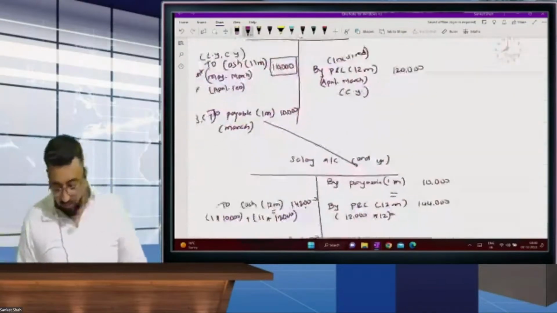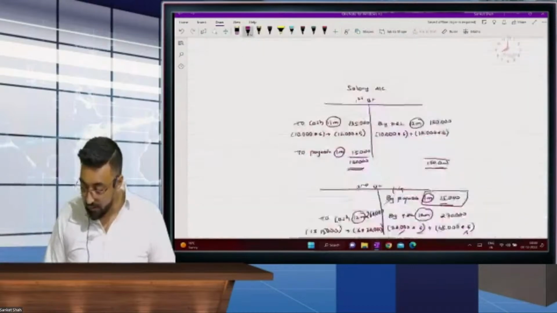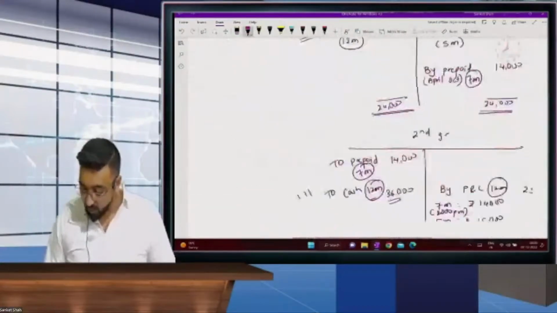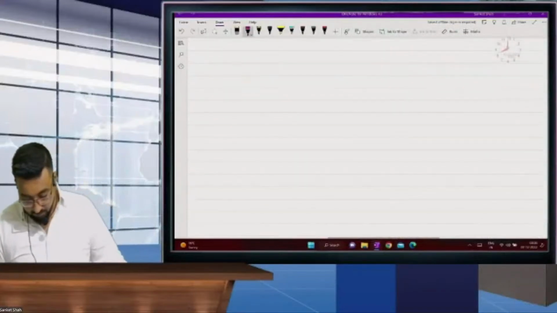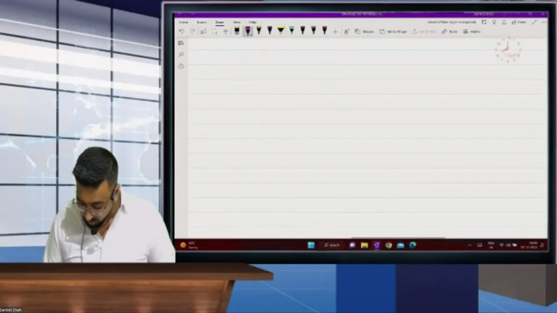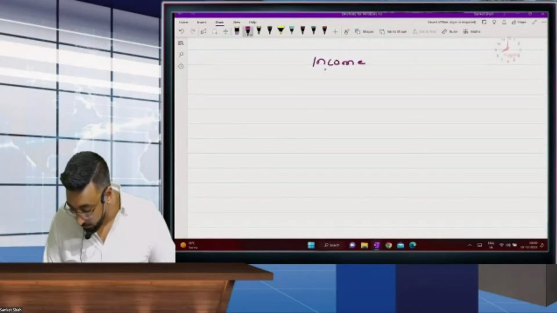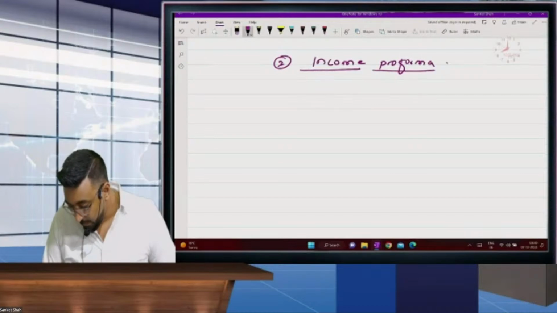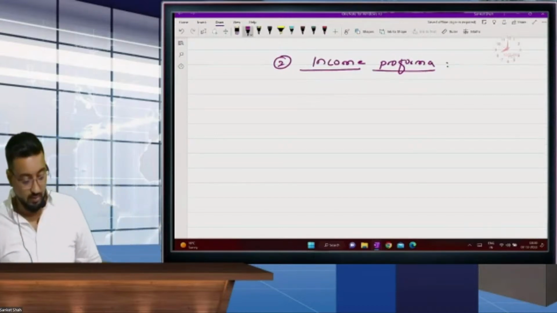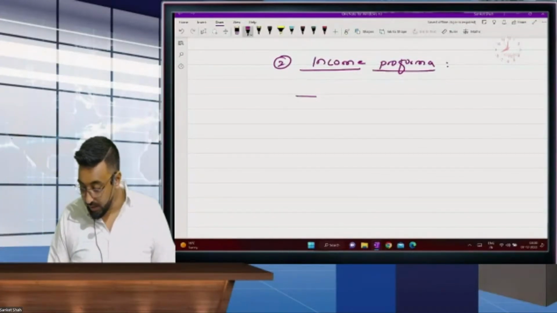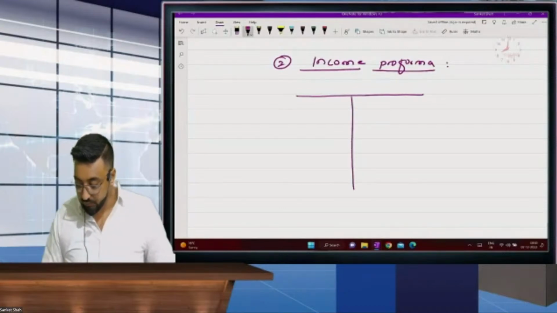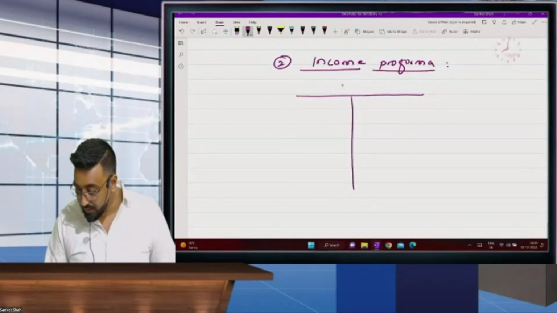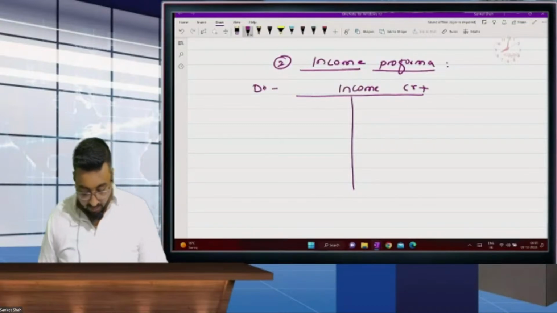Now, should I take one example of income? Beta, you have to write the income proforma also. Come on, write income proforma, the second proforma, income proforma. Last year and current year is very important, sir. Income. Now income means, beta, credit plus, debit minus.